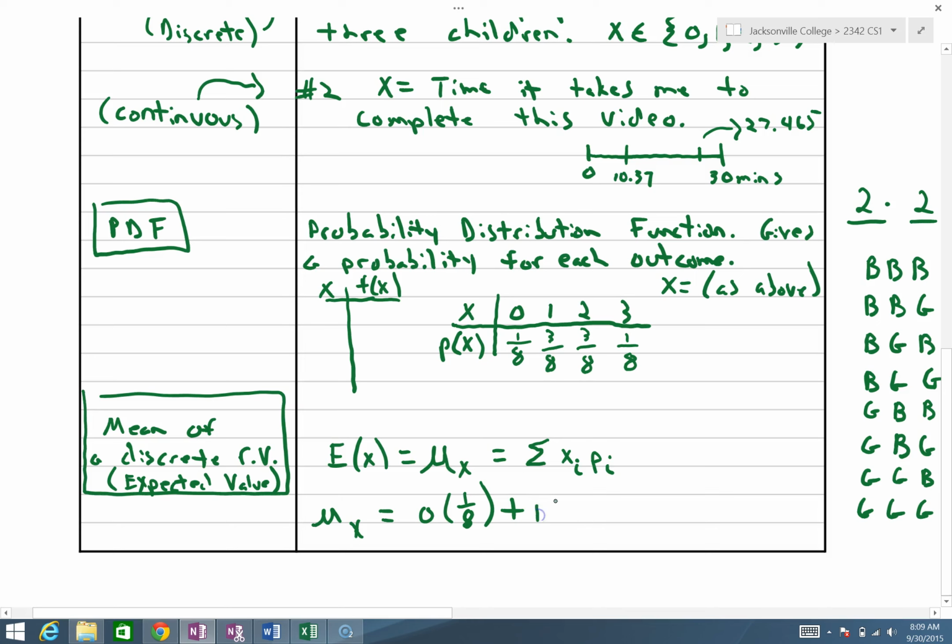I'm just taking the number and multiplying it by its associated probability. Okay. Plus 2 times 3/8. 2 times 3/8. 3 times 1/8, pardon me. 3 times 1/8. Alright. Now I'm just going to sum these up.